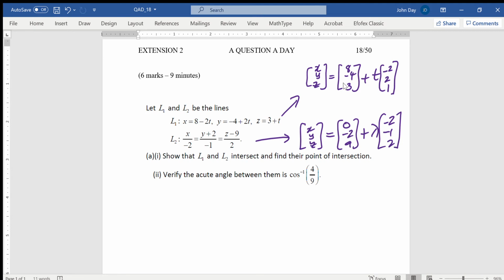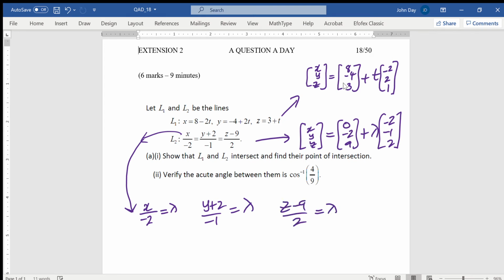Okay, if you need an explanation as to why that is, when you rearrange this, it says x on minus 2 equals lambda, and y plus 2 on minus 1 equals lambda, and z minus 9 on 2 equals lambda. So x is equal to minus 2 lambda, y is equal to minus 2 minus lambda, and z is equal to 9 plus 2 lambda.